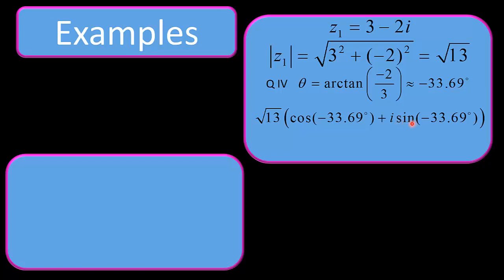Sine is an odd function. So that tells us that sine of negative 33.69 is the same as negative sine of positive 33.69. So, a small point, I can rewrite this way. I can just take the negative out of here. Notice this plus got changed to a minus, and this minus here got changed to a plus. That's just a minor thing. This is the complex number right here.